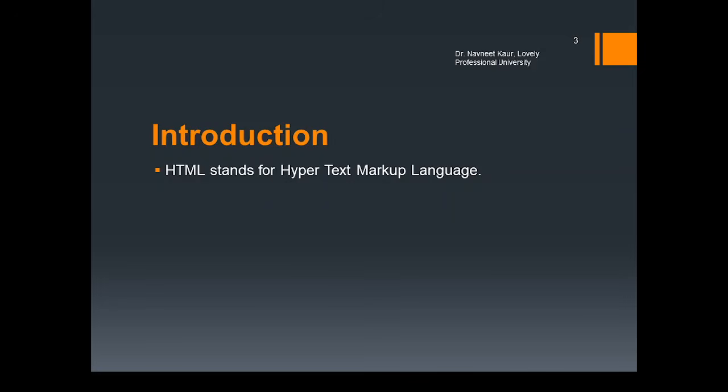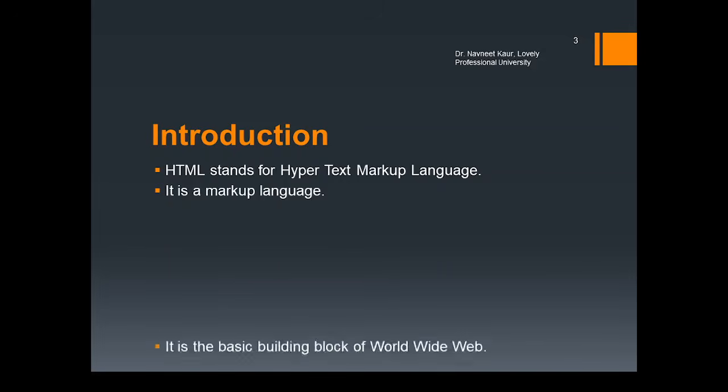So we have such a language which will allow us to organize the text or any element on the web page in some sort of format or some manner or any layout. So this is the reason that it is called a markup language.